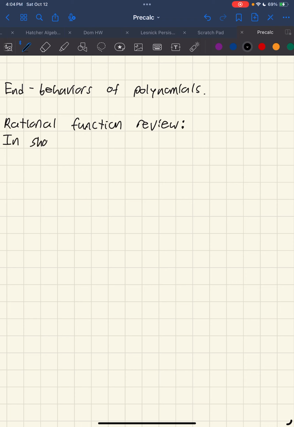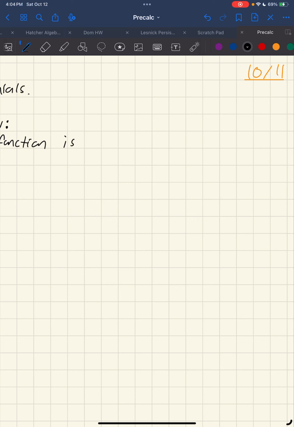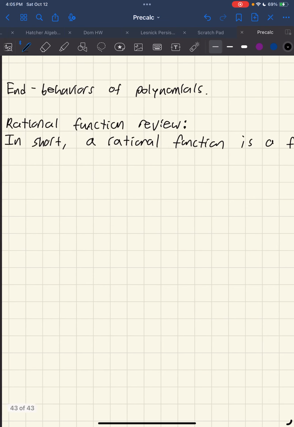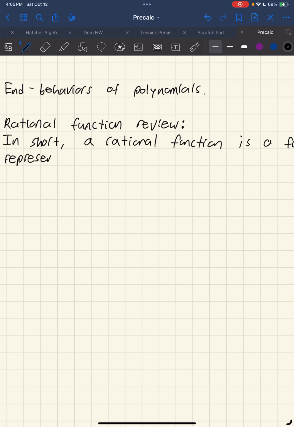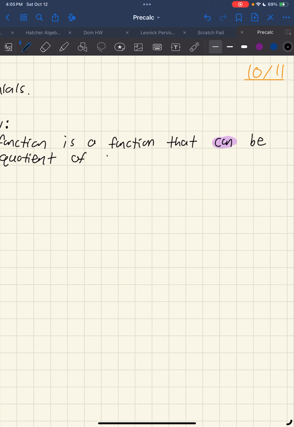In short, a rational function is a function that can be represented, and I'm going to go over why I'm saying the word can instead of has to be, as the quotient, or just a fraction, of two polynomials.